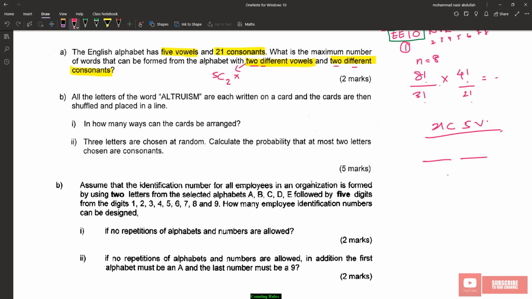Multiply with 21 choose 2. 21 choose 2. Right? So how much is this one? 2,100.